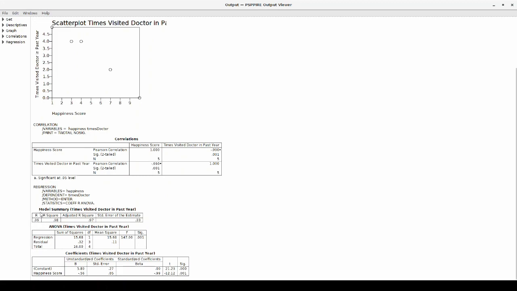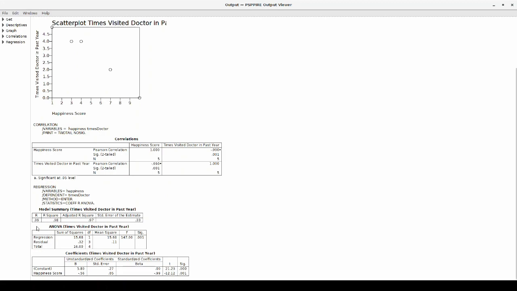This R value is very similar to the Pearson correlation that we calculated. In fact, when you run a regression with just two variables, that is one predictor and one outcome, this R value will look exactly the same as your bivariate correlation, except it will always be positive. You see, our correlation is a negative 0.99, but here it is just a 0.99.